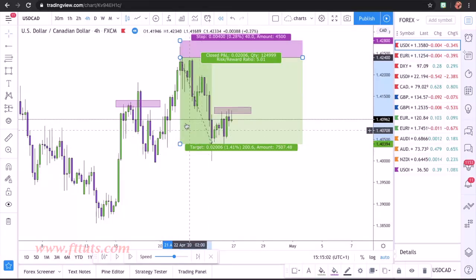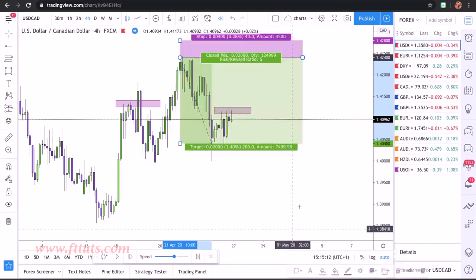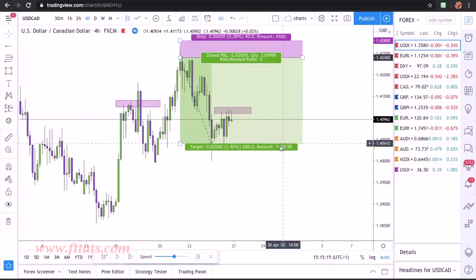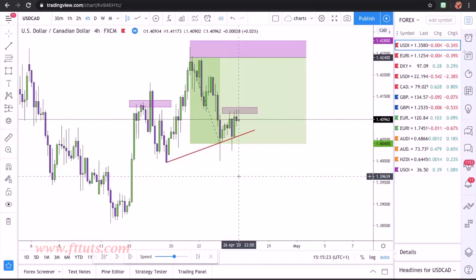So our target, we always want to round, okay? So 143.94, let's round it to 400. Okay, so we have this little trend line here for the head and shoulders pattern. So let's just see how it plays out.